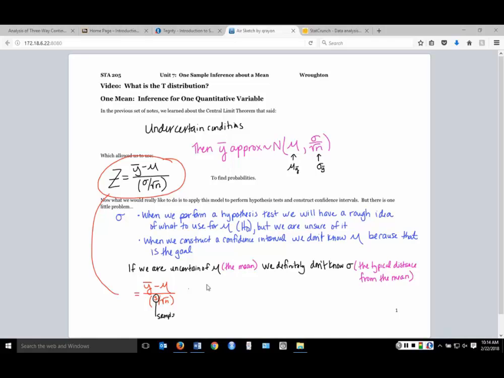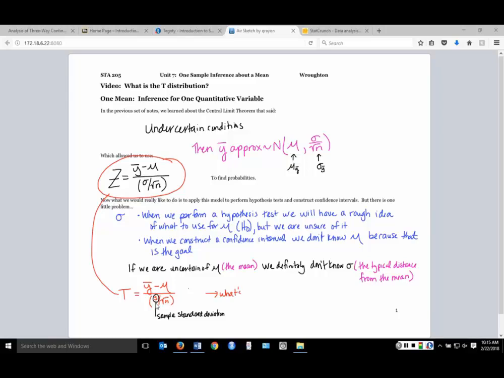Right, this is just our sample standard deviation. So I hope that seems like a pretty reasonable replacement, as I'm just going to take sigma, which I don't know, that population standard deviation, replacing it with a sample standard deviation seems pretty reasonable. But as soon as I do that, this thing is no longer called a Z, it's actually what's called a T.